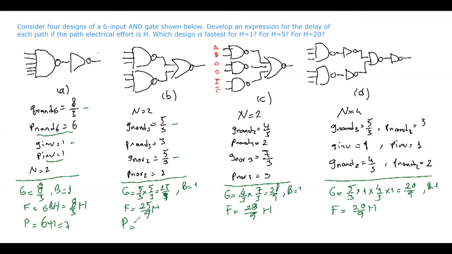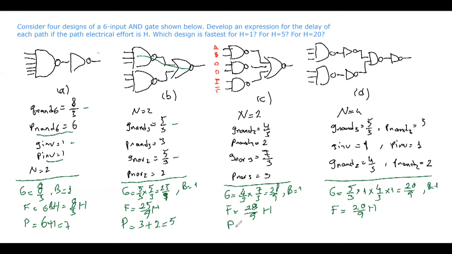And similarly for this one, you see that I'm picking up one path. Either this path or this path, it doesn't matter. I'm not going to sum up all the parasitic efforts that I see in my circuit. I will just pick up one path. Let's pick up this path. It's going to be a NAND 3 plus a NOR 2, it's going to be 5.